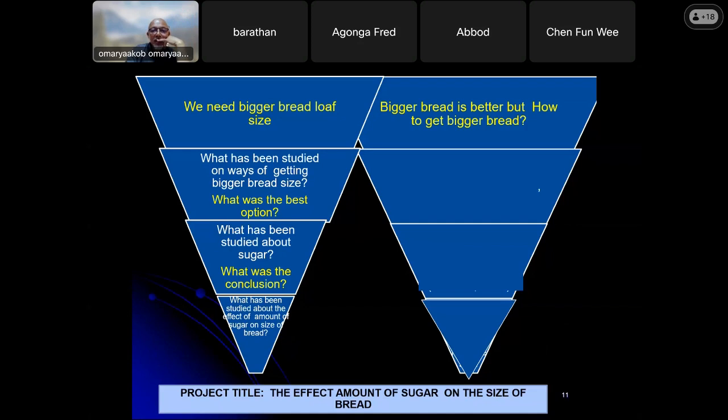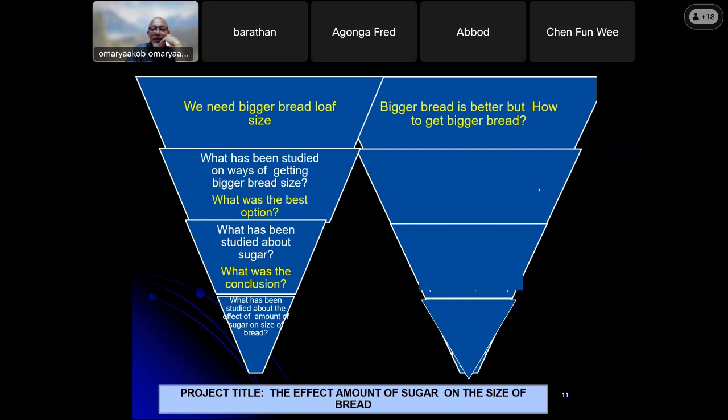So what we have here is, we look at the broad questions and we go to the lower questions until we cannot find the answer to it. For example, in this case, the issue is we need a bigger bread loaf size, because bigger bread is better, but how to get bigger bread?